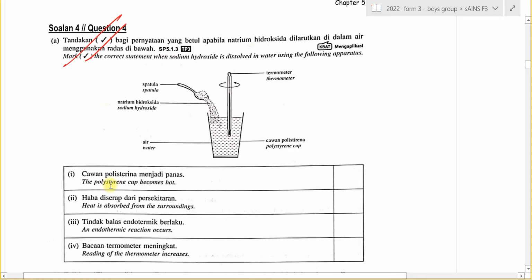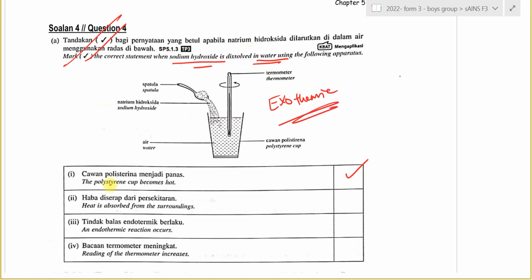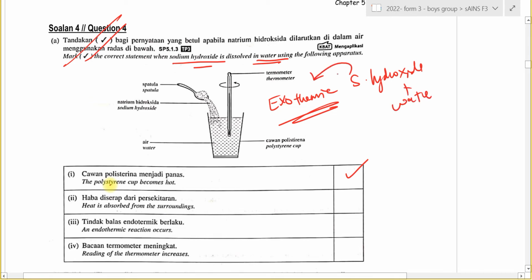Mark the correct statement when sodium hydroxide is dissolved in water using the following apparatus. The polystyrene cup becomes hot. Correct, because this is exothermic. Sodium hydroxide you put into the water, just now I taught you in the textbook. This is an exothermic reaction. Then, heat is absorbed from the surroundings.